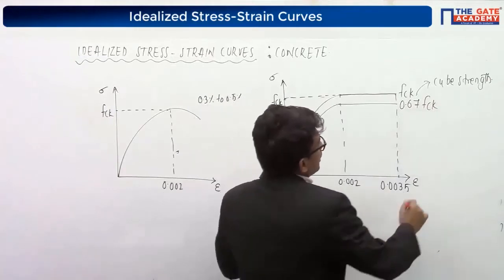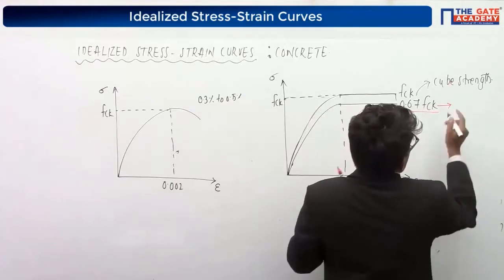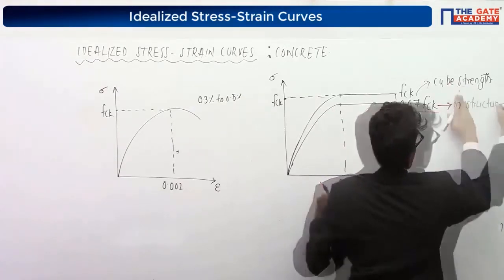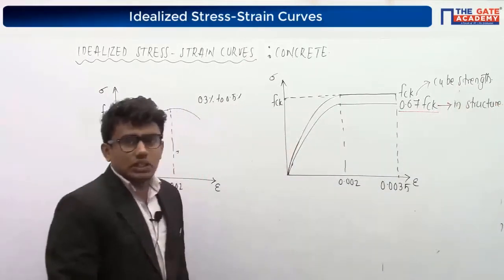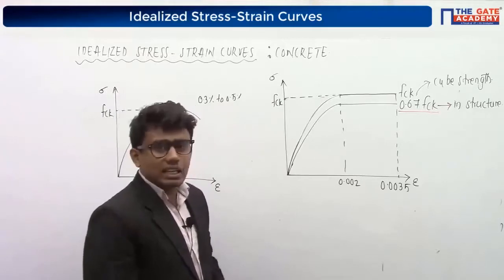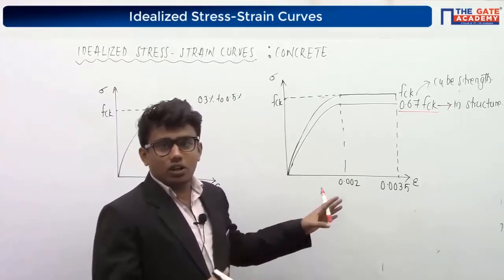That is our cube strength, and this will be our strength in the structure. The characteristic compressive strength of the concrete in the structure is 0.67 fck.